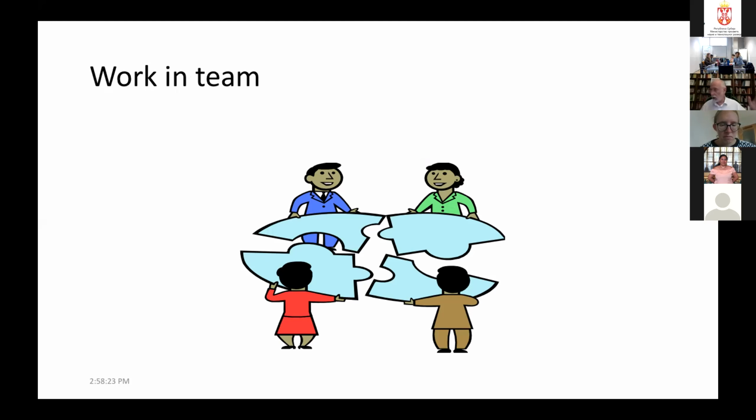People with this knowledge and people with that knowledge. A team can be 3, 4, 5, or 6 people. If there are 2, one will be the boss, the other one would be the slave. And no creation in 2.